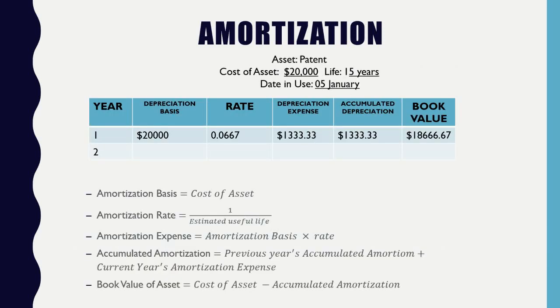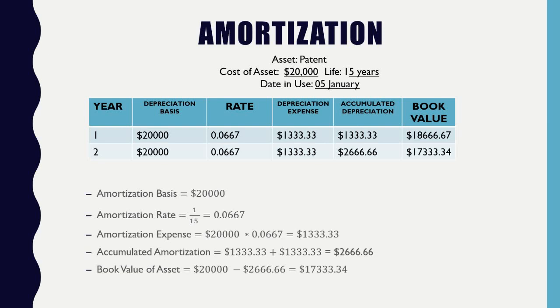So again, let's solve for the second year. If it's the exact same ordeal as straight line, you know that the first 3 columns are going to look identical. The only thing you're really calculating here is the accumulated depreciation and the book value. If we started as of January 5th, we depreciate the whole item for the whole year.